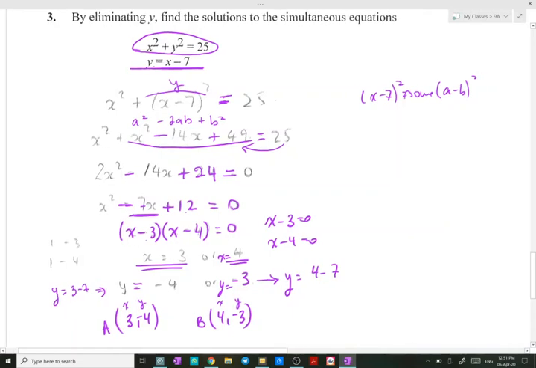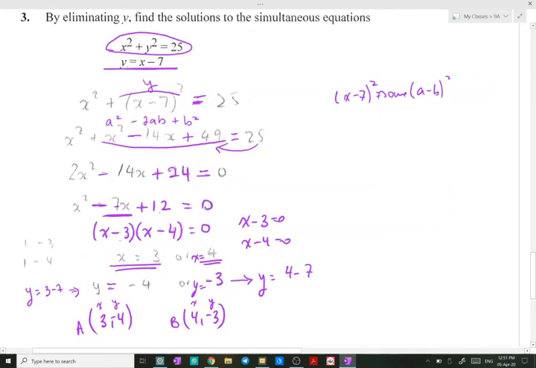So if we want to graph that, this is the graph where you're going to graph the circle. This is the circle, 1 2 3 4 5 in each direction.